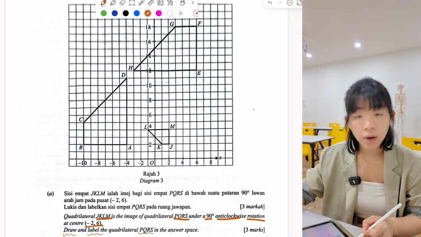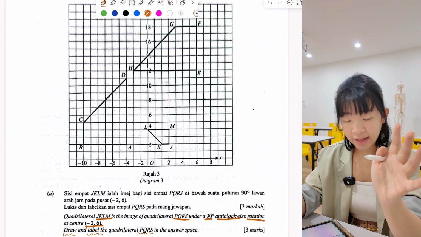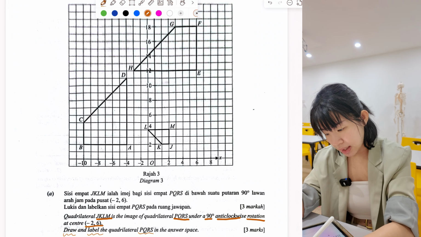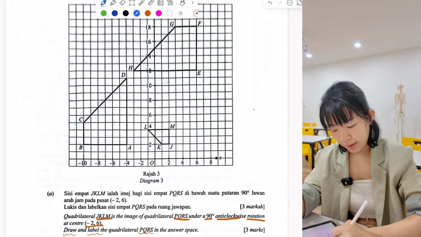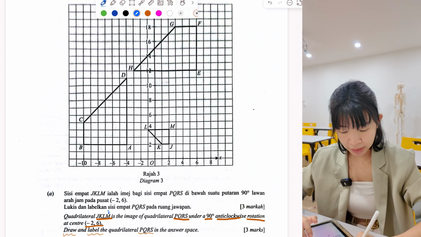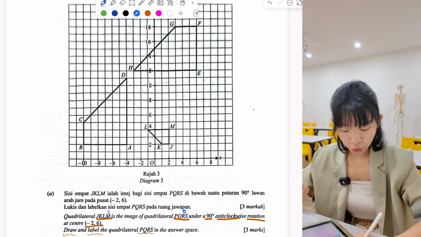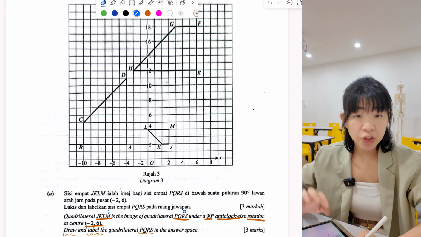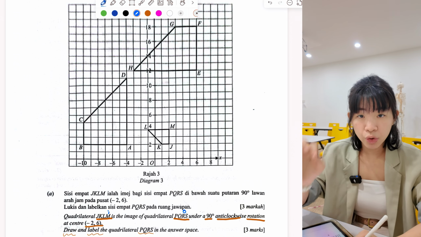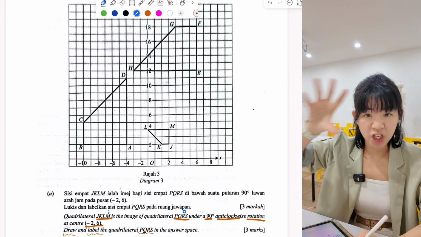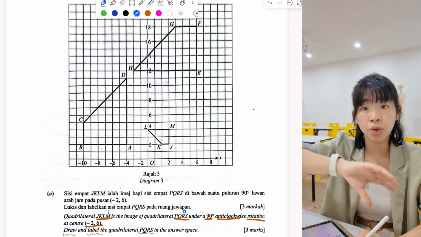To draw PQRS, first you have to identify which is object and which is image. Here they say JKLM is image of PQRS. PQRS is object, which means in this question they want you to draw the object instead. They give us the image already, but now you need to draw the object. Object means the original shape.